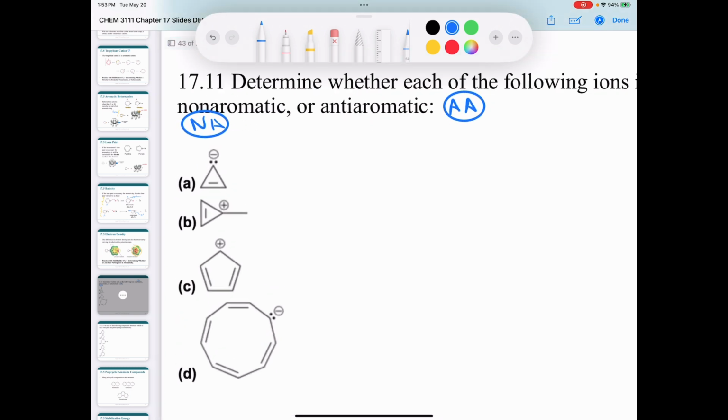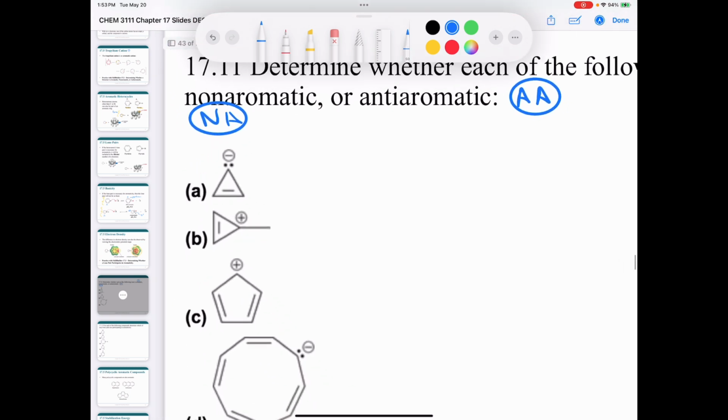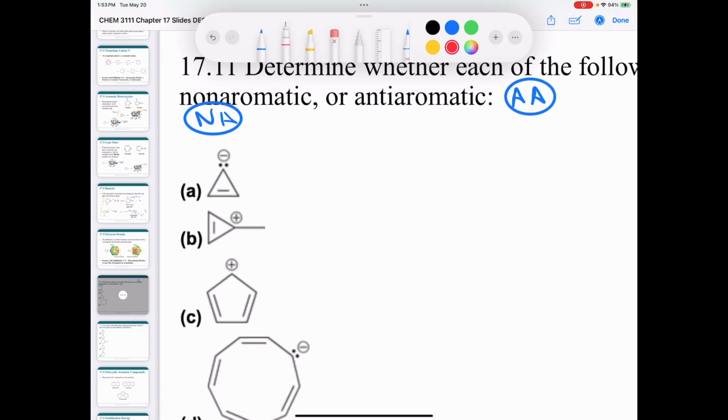Well, if we start out with A, this anion here, sorry it's a little blurry, but we know that this lone pair could participate in resonance like this, and you could spend the time drawing all the resonance forms if you wanted to. And so the only way that that lone pair can participate in resonance is if it's in a p orbital. And so we have a continuously overlapping system of p orbitals because the lone pair can participate in resonance. This carbon and this carbon are both sp2 hybridized, so obviously they have a p orbital on them.